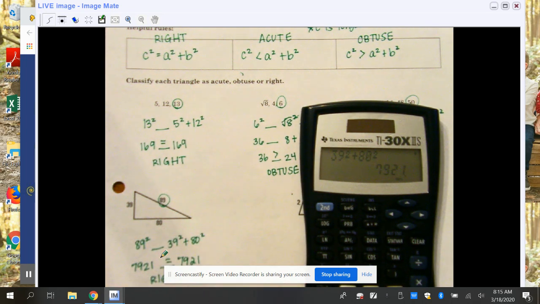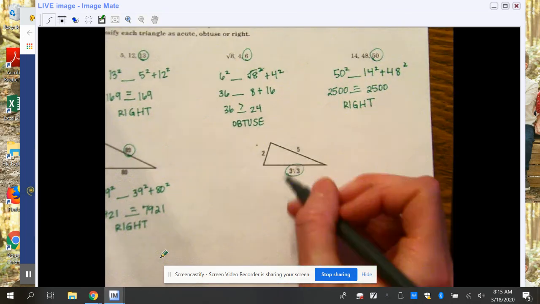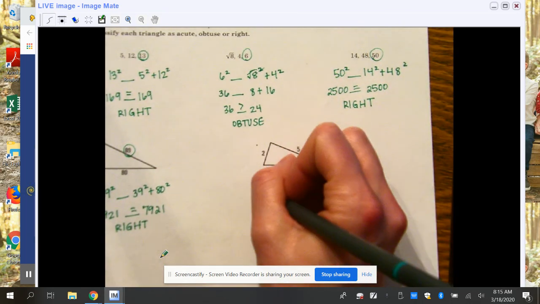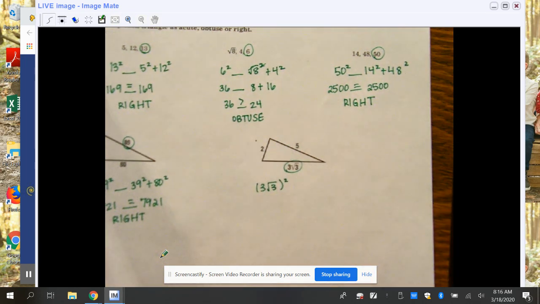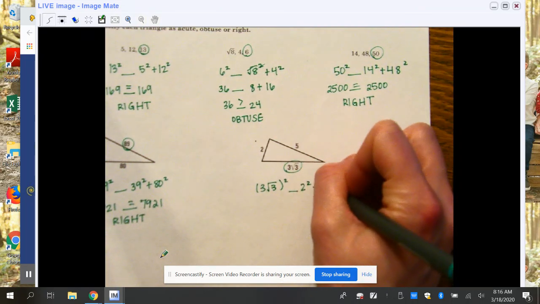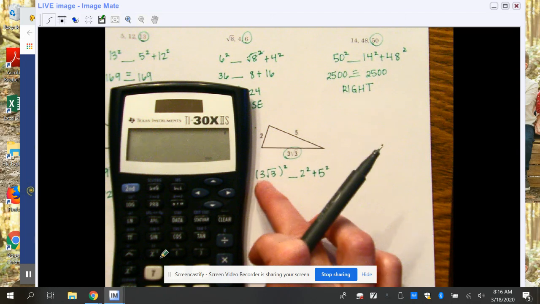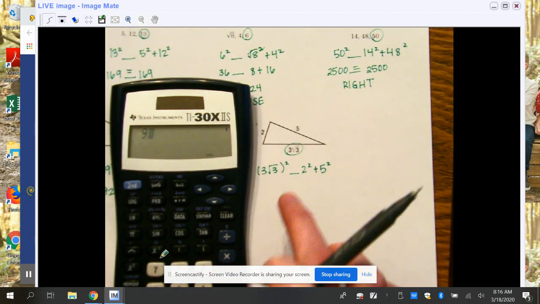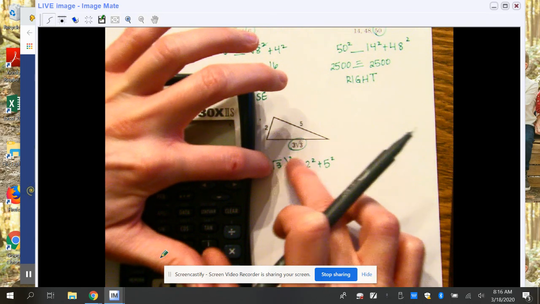Okay. All right, and then this last one here, so we said that this was our longest side. So we are going to be squaring that whole thing. We talked a little bit about that in the 8.3 review. So remember what we're doing is we're squaring both of these pieces. So 3 times 3, the outside part, is 9. And then if I were just squaring the radical 3, those would cancel, leaving us just with 3.